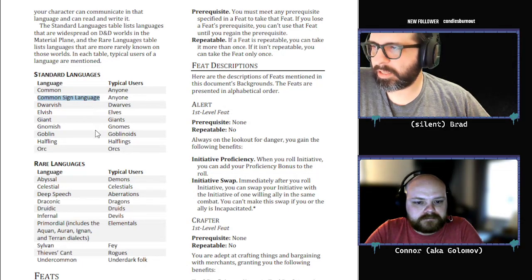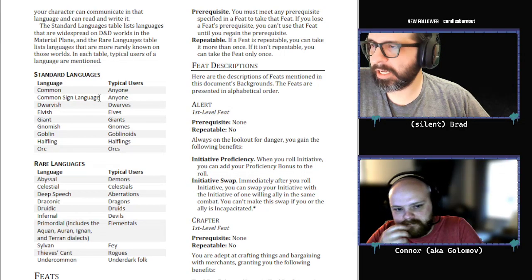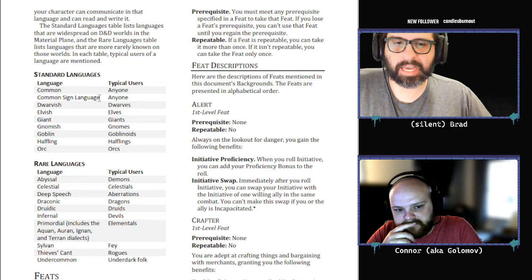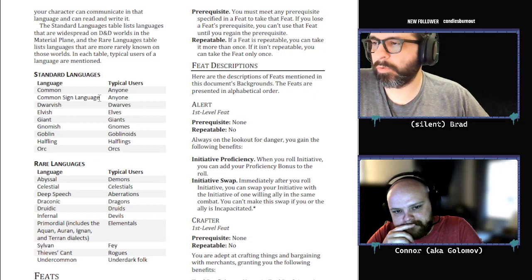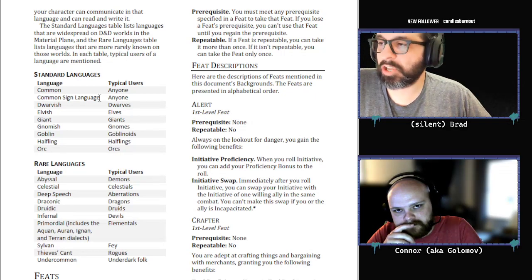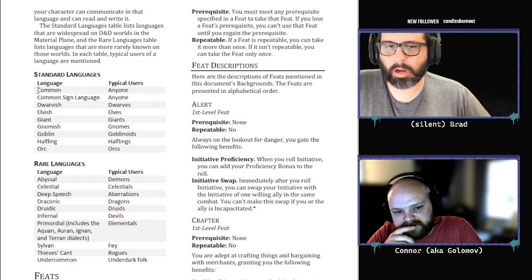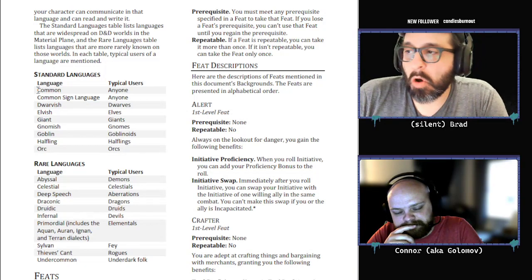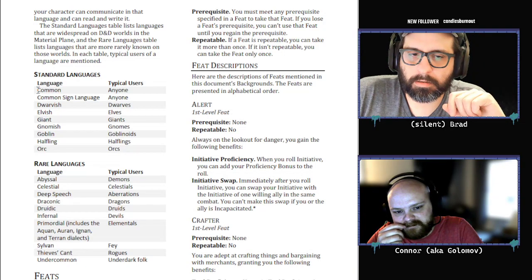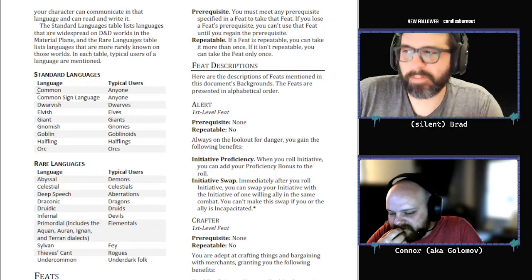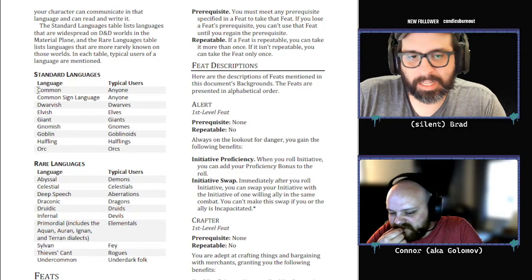I think they should make it Sign Language and just put a star, sign language of one of the languages that you can speak, read, and write, and then you can learn sign language for other languages that you know, because it makes more sense for a dwarf to understand Dwarven Sign Language over Common Sign Language.